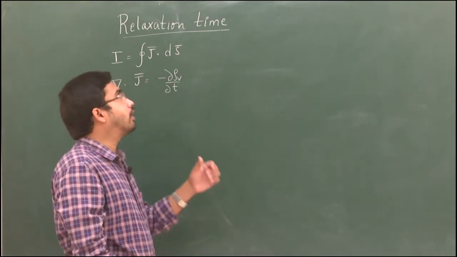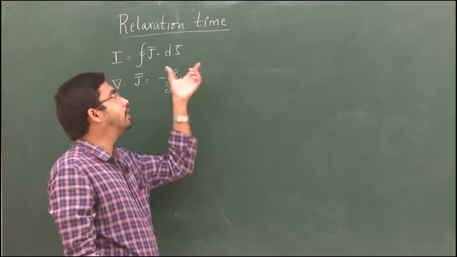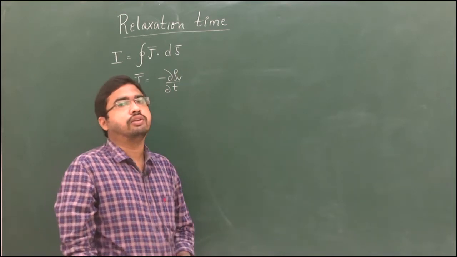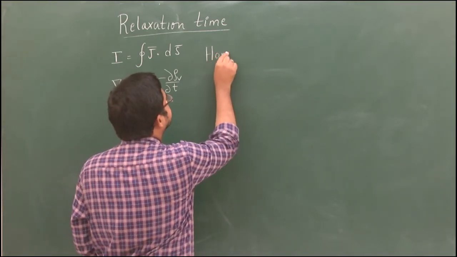After that, we are coming to a new concept called relaxation time. Before going to relaxation time, we need to know some basic definitions. What is meant by a homogeneous system?